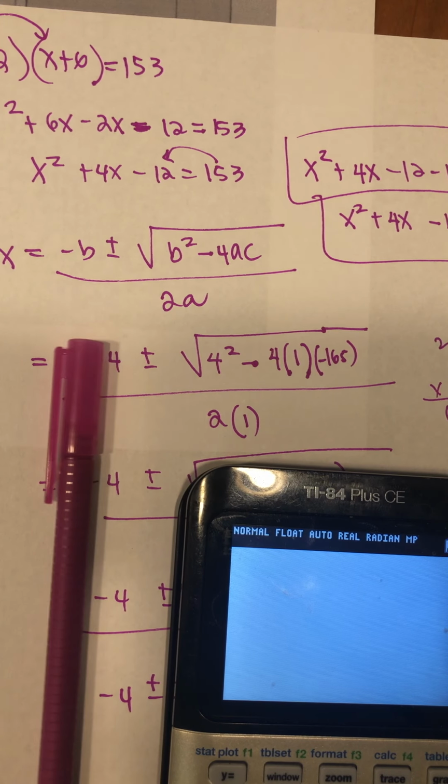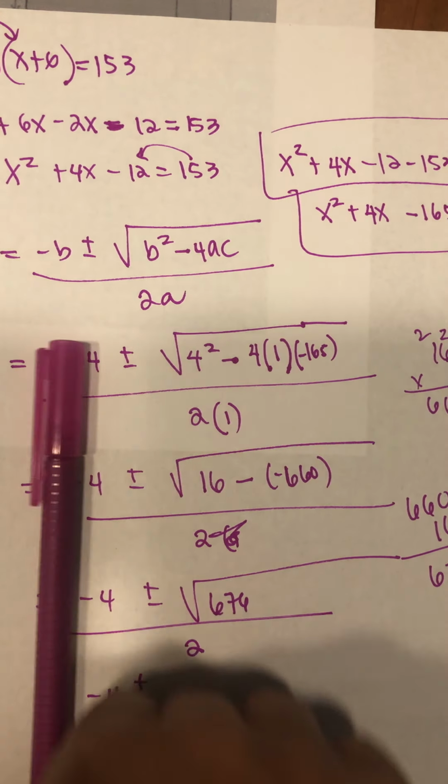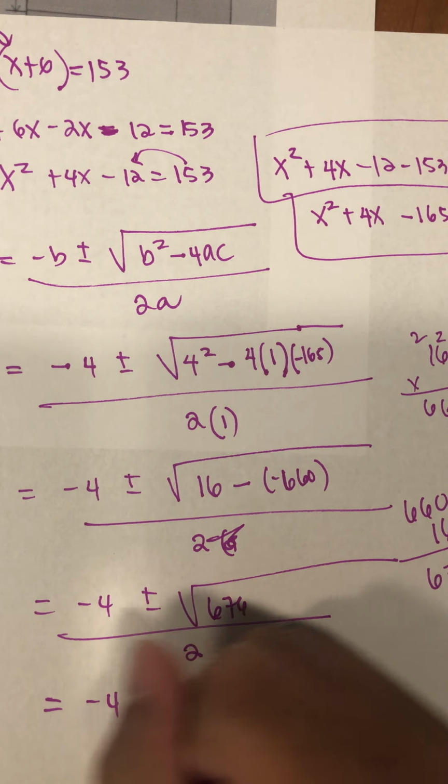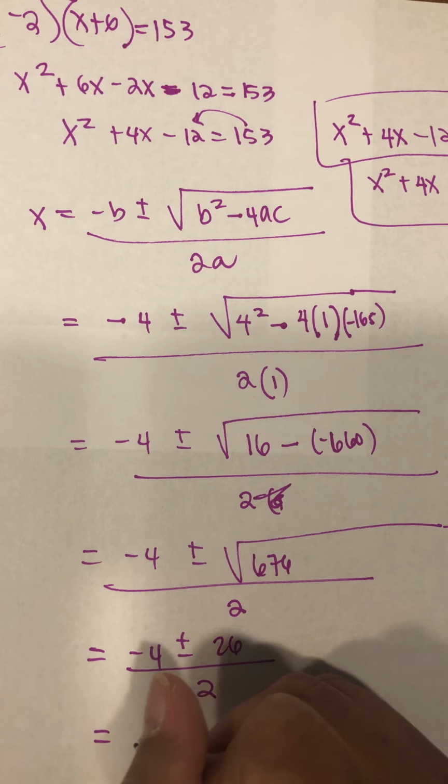All right, so let's do the square root of 676, which is 26. So x equals negative 4 plus or minus 26 over 2. There are two answers here.